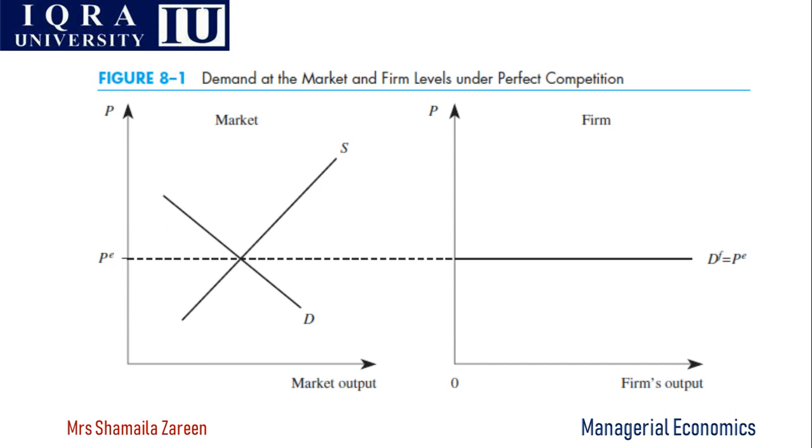So this Figure 8.1 shows the distinction between the market demand curve and the demand curve facing a perfectly competitive firm. The left hand panel shows the market, where the equilibrium price is determined by the intersection of the market supply and demand curves.